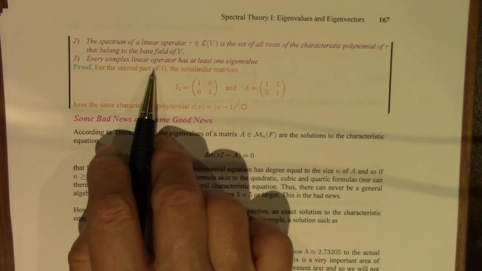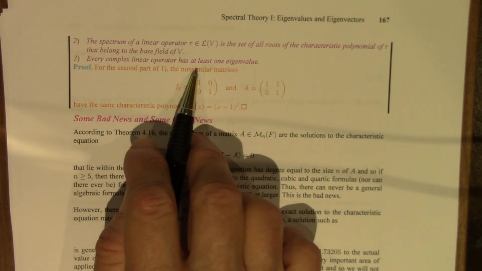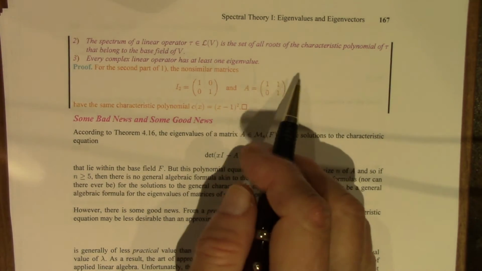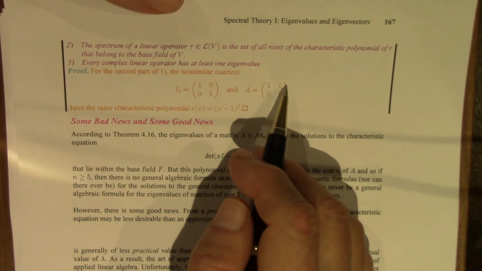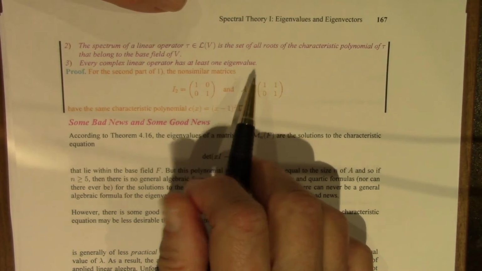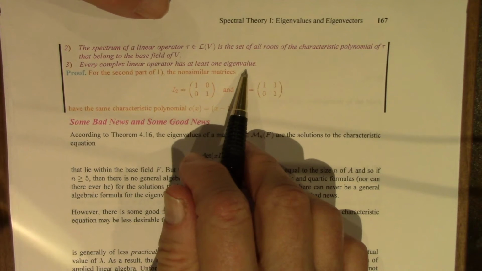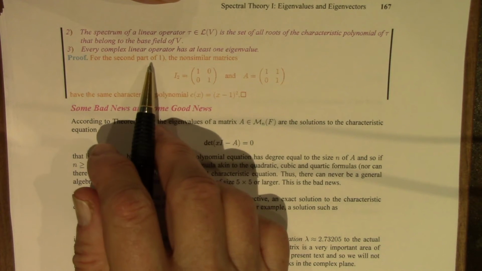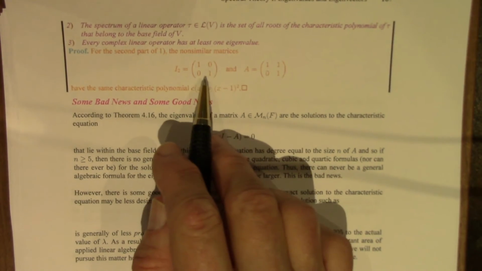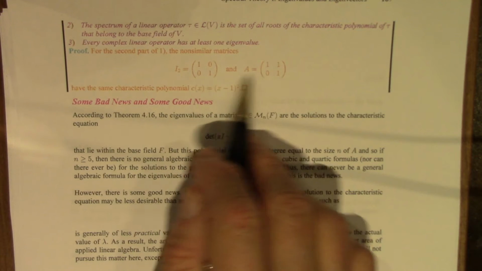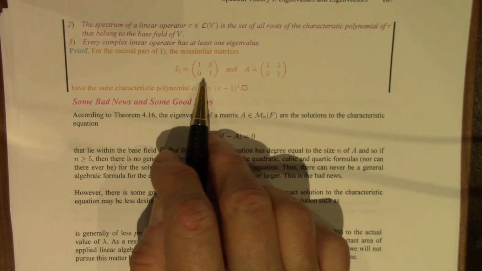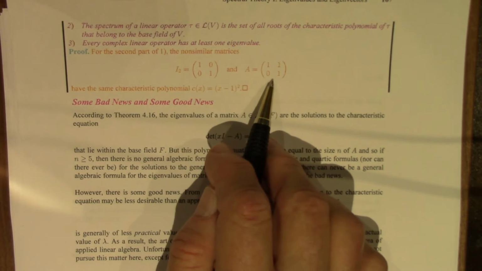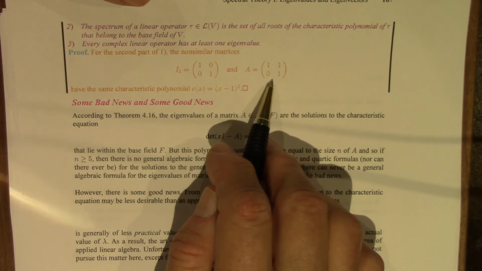And every complex linear operator has at least one eigenvalue, and that's because the complex field is algebraically closed, and so every non-constant polynomial over the complex field has at least one root. Here's the example I mentioned. These two matrices have the same characteristic polynomial, but they are not similar, and I'm going to leave that for you to check.